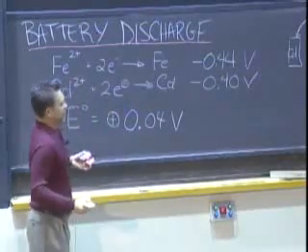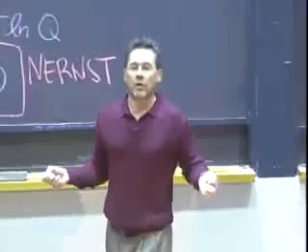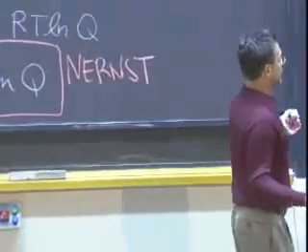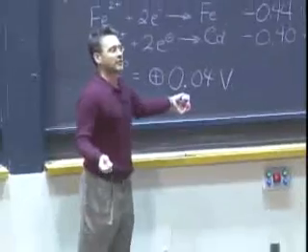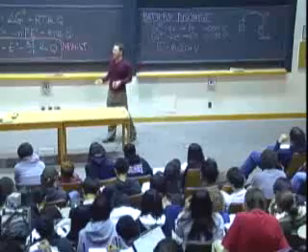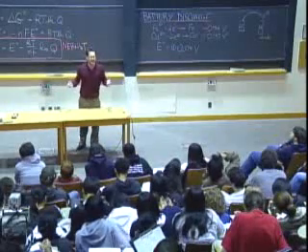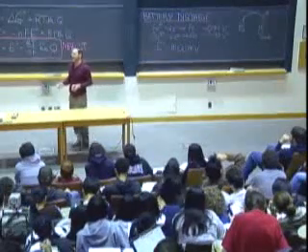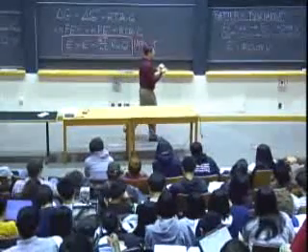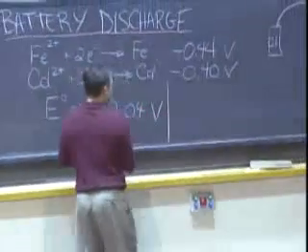Okay, and now in order to apply the Nernst equation to answer a question about this battery, and this battery is not a high voltage battery, it's only 0.04 volts. It's not high voltage at all. So you probably wouldn't use it for a battery unless you really only needed a small potential difference in the first place. But nonetheless, we want to know how we can use the Nernst equation.